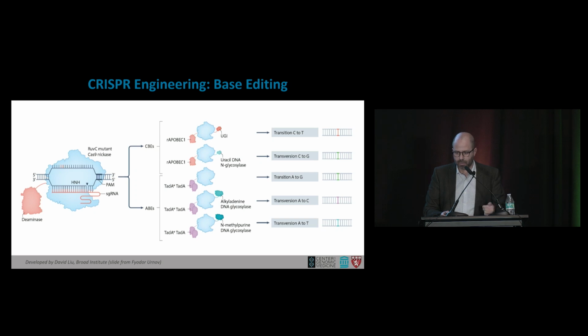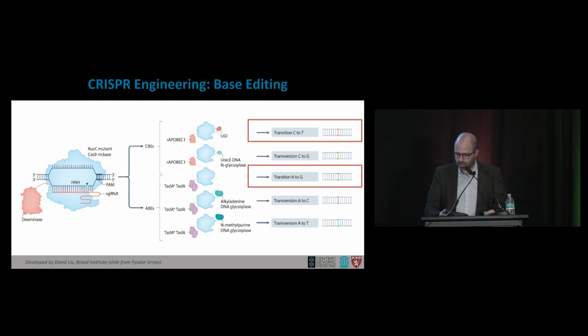With that, you can target cytosines or adenines and change just a precise nucleotide without having double-strand cuts, which is important. Here, representing the two more common engineered variants where you can convert a C to a T or an A to a G.